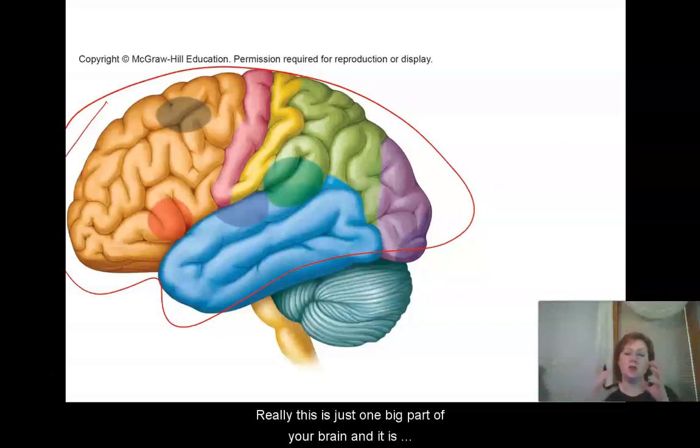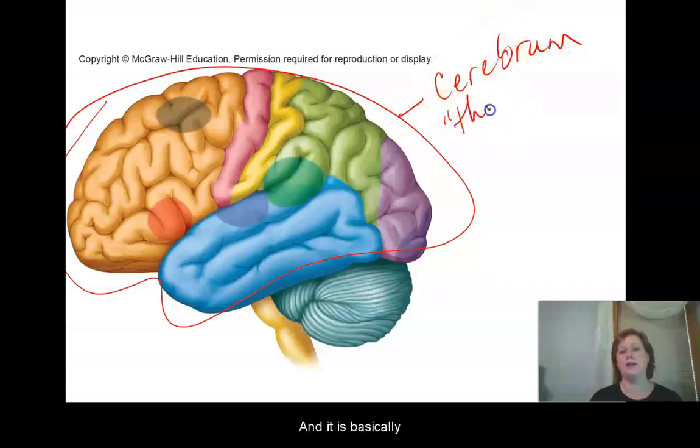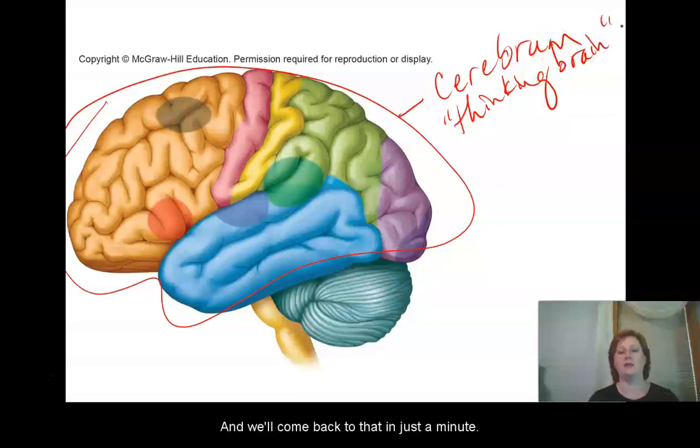But really this is just one big part of your brain, and it is important, but it's not ultimately the part that's keeping you alive. This big wrinkly part of the brain is called the cerebrum, and it is basically your thinking brain. And we'll come back to that in just a minute.